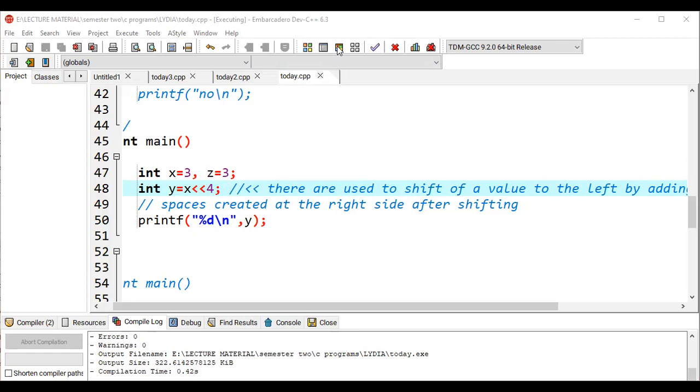Let me see. I remember last semester when we were doing those things of C, we used to capture binary digits. If you have 1, it would be 0, 0, 1, right? If you have a 2, it would be 0, 1, 0. If you have a 3, it would be 1, 1, 1.